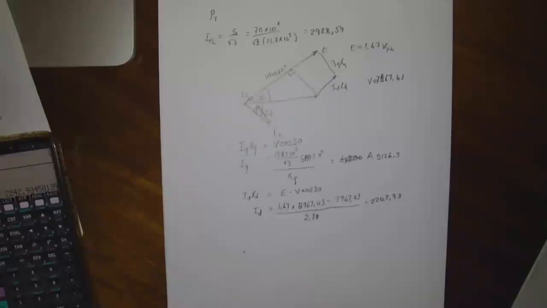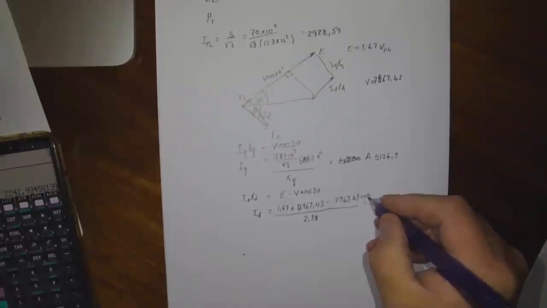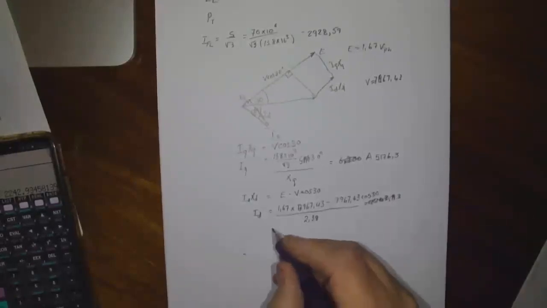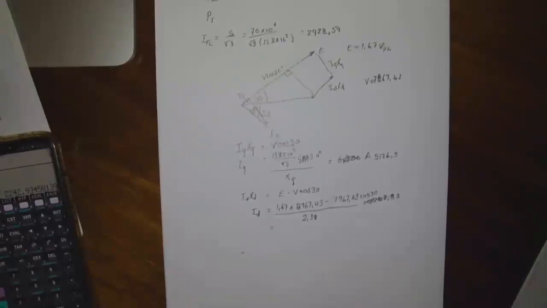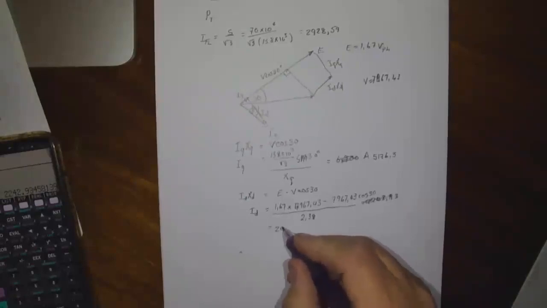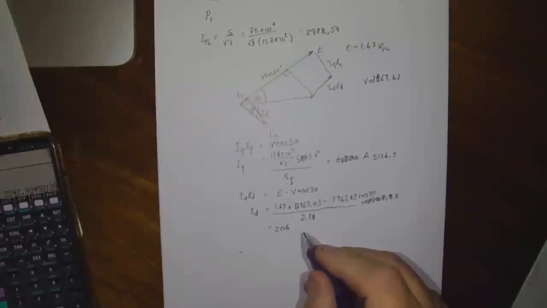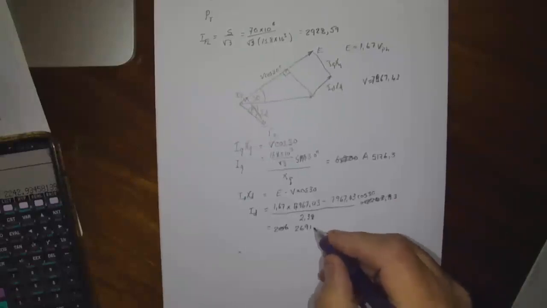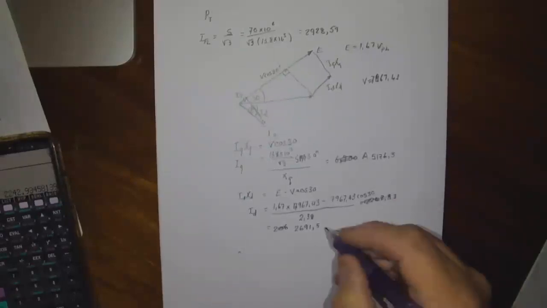You forgot the cos 30. Yes, I'm here. All right, what's the answer then? 2691.435. 2691.44.